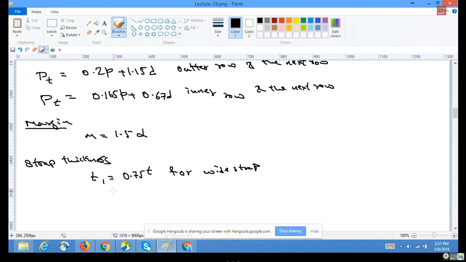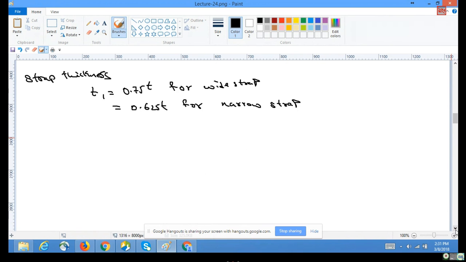If you want to give a narrow strap, then it is there, and our SUT is given as 26 ton per square inch, that is equal to 401.27 Newton per mm square.